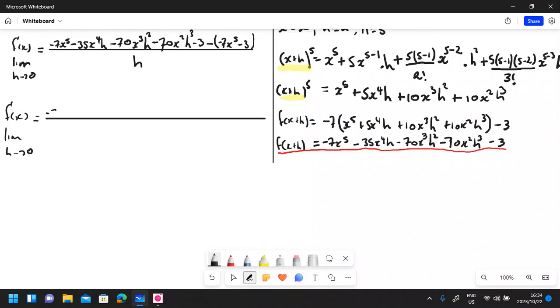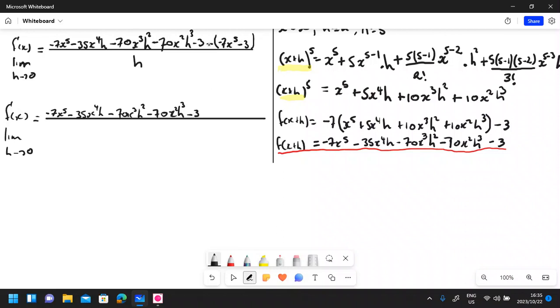So let's write negative 7, then x to the power of 5 minus 35, and then we have x to the power of 4 multiplied by h minus 70 x to the power of 3, and then h squared minus 70 again, and x to the power of 2, and h to the power of 3 minus 3, and then remember, now it's time for us to remove the brackets.